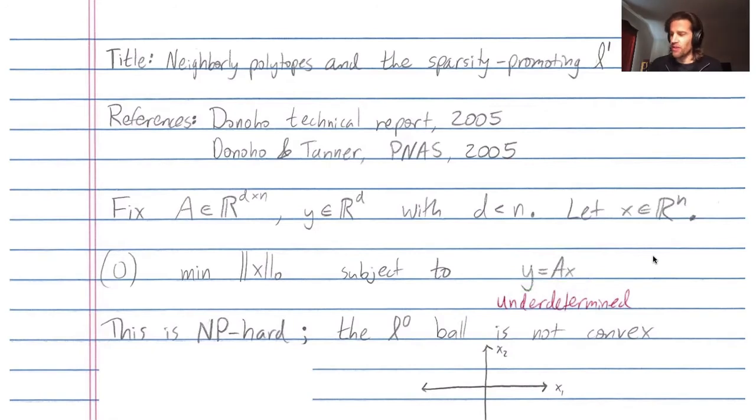So you can ask for the sparsest solution, the solution x that has the fewest number of non-zero entries. The L0 norm is just the number of non-zero entries, and we want the fewest non-zero entries. This is a really hard problem in general. It's NP-hard.